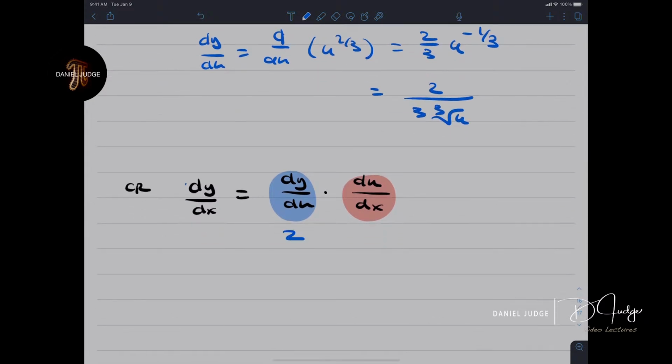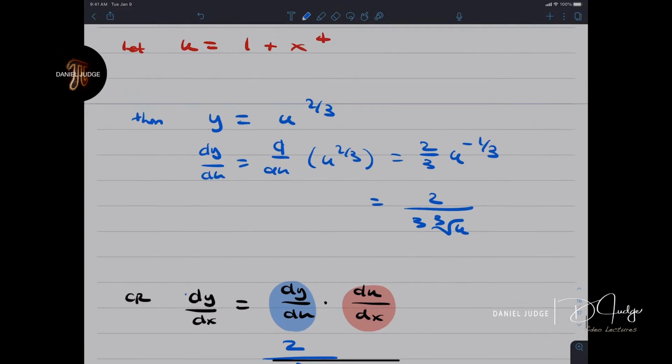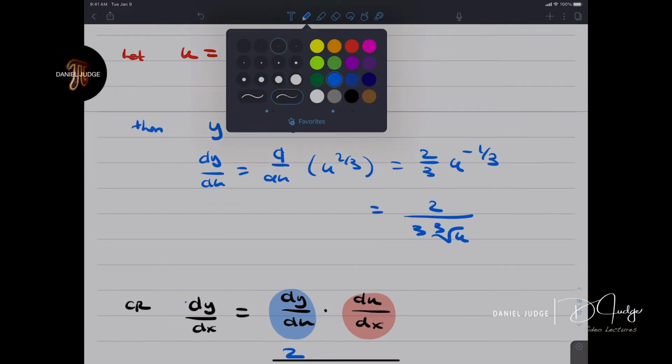So this is 2/3 over the cube root of u. Now du dx.